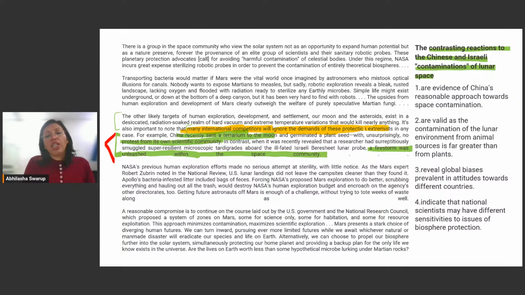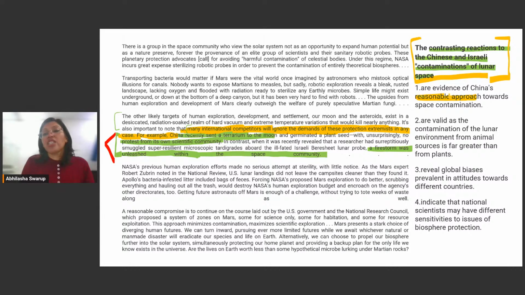The other competitors are not even going to bother about it. China is sending away happily whatever into the space, and you are worried that oh, one tiny microscopic virus has gone into the space. So therefore, this example becomes so important, and this contrasting reactions is evidence of China's reasonable approach.